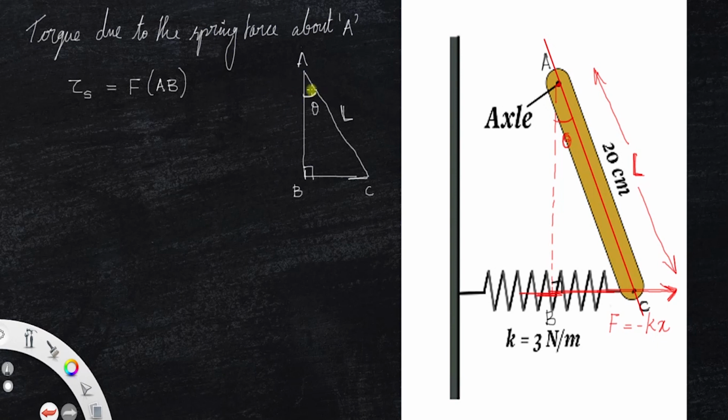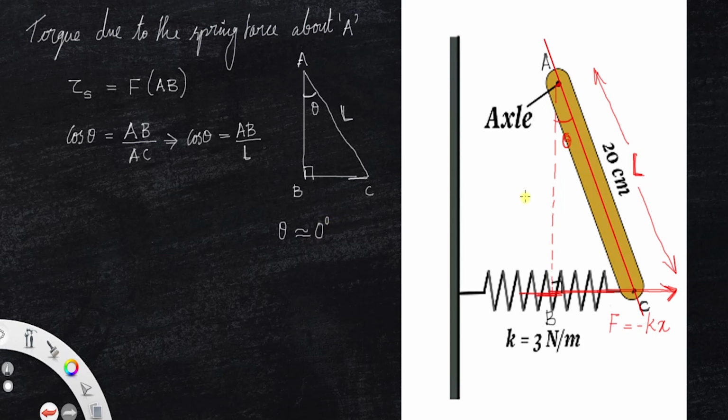In order to find AB, it's better we take the cos. Cos of this angle theta is equal to adjacent side by hypotenuse AC. That will give cos theta is equal to AB, we don't know, let's write it as AB itself, and AC is L. And we also know this angle is very small. Theta is approximately 0.